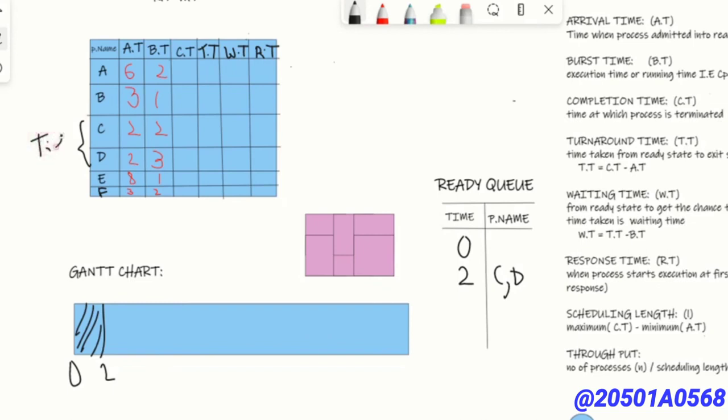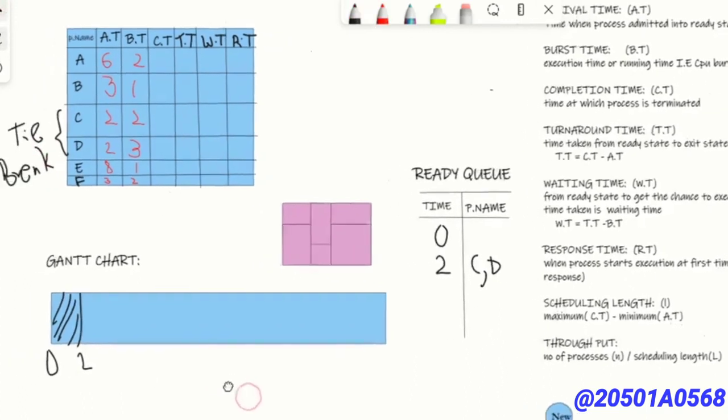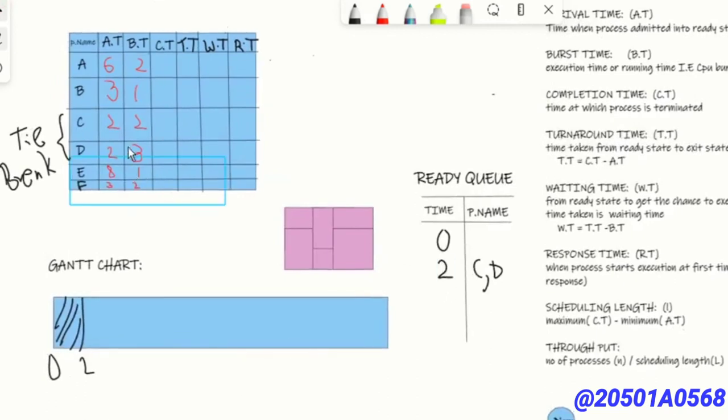This tie break can be resolved based on the PID, that is process ID. Now C is processed first, as it is the first come first serve algorithm.